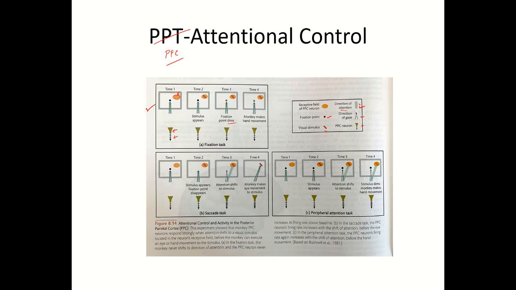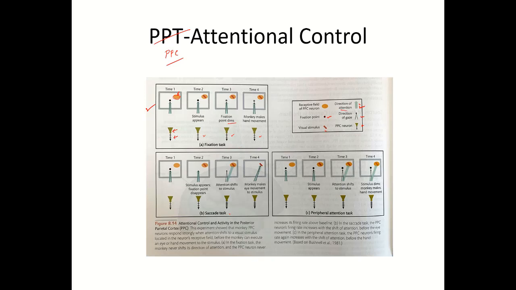However, during this entire period, the monkey didn't pay attention to the target inside the receptive field. So here you see no change of the firing, no attentional task, no increase of firing of the posterior parietal neuron.